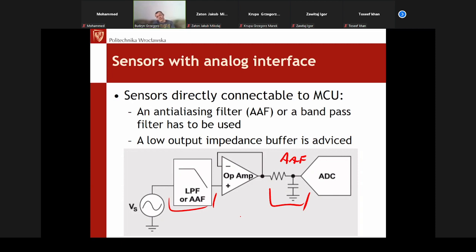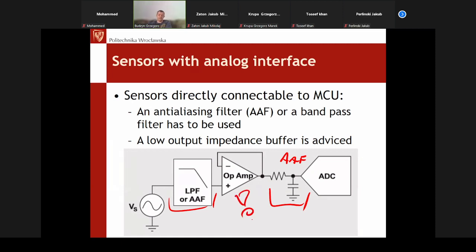The buffer is optional. It depends on the sensor, and it depends as well on the impedance of the ADC. If the ADC has a buffer inside, because there are certain ADCs with a buffer inside, then we don't need an external buffer. If the ADC has no internal buffer, this op-amp becomes important.